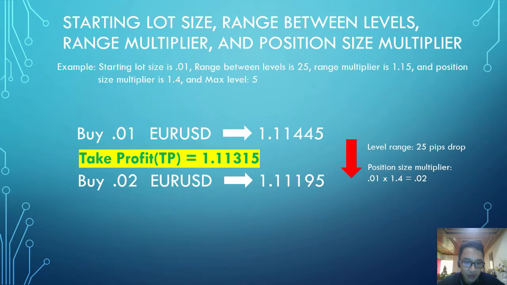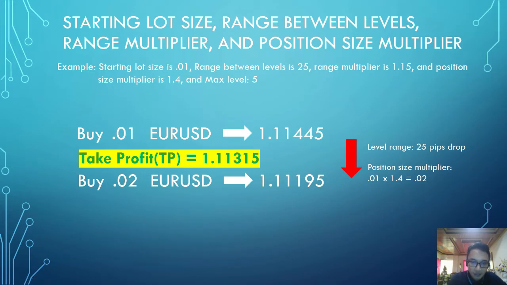So instead of waiting for the price to hit the previous TP, you will have a lower take profit, and your account could get out of the trades much faster. For this example, the buy 0.02 would be positive and the buy 0.01 would be negative. If you add it up, the profit would still be positive.